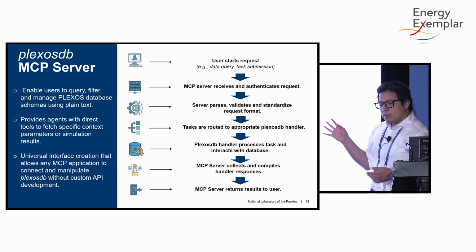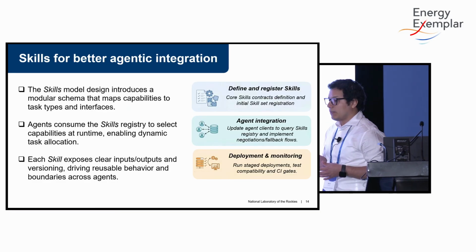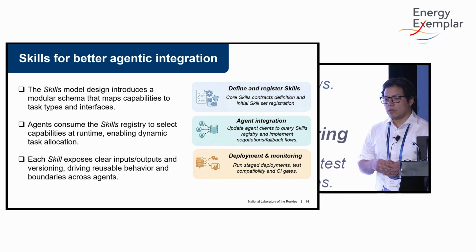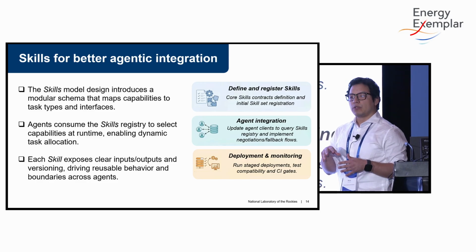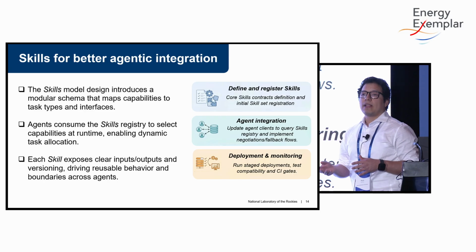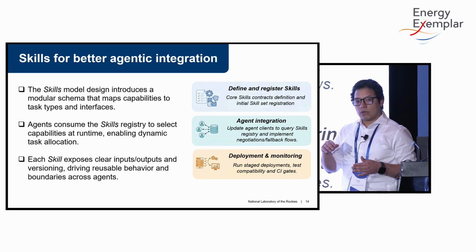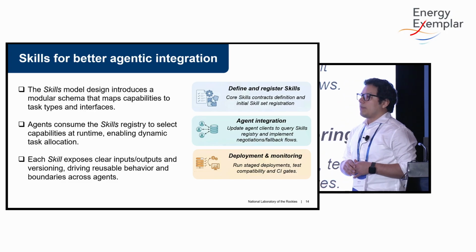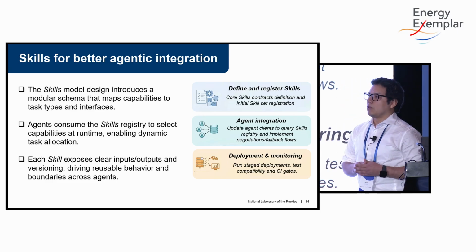And together with the MCP server, we have the skills methodology for better agentic integration, where we will reduce token utilization while providing these core capabilities. So your agent will just go through it, and whatever questions you have, like how much nuclear do I get from a specific node, or why are the flows too high on a specific interface, the agent will automatically execute the query, and you will get the results that you really want out of that.